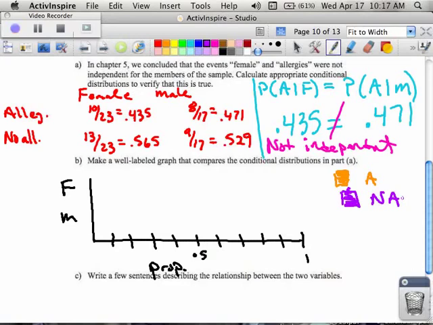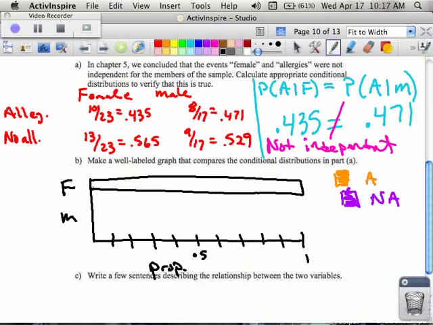And so for the females, we know that of course they have to go all the way to 100% for allergies and no allergies. If we talk about the females' allergies, we said the females' allergies was 43%. So I just shade in to 43, maybe right about there. So here are the females' allergies.